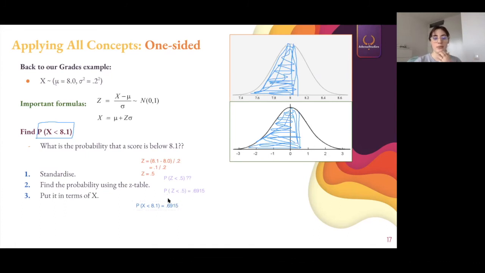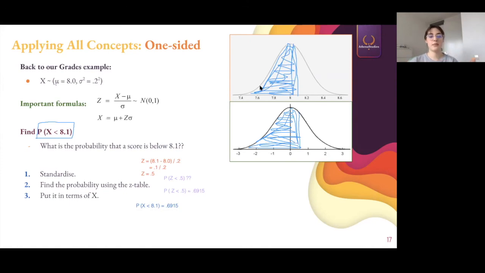Now that we've found this, we know that the probability that a grade is going to be less than 8.1 is 0.6915, or there's a 69.15% chance of a student scoring lower than an 8.1 on, I don't know, an exam or something.